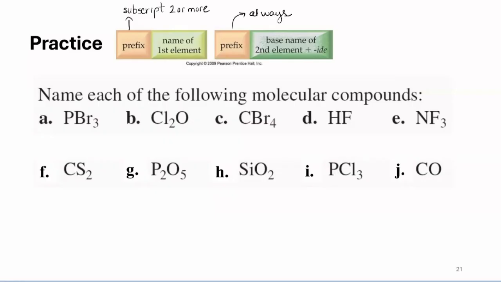Let's do letter A. We have PBr3. Since phosphorus in PBr3 has a subscript of 1 and it is omitted, remember, if you have only one atom for the first element, you don't write a prefix. So we're just going to write the word phosphorus.